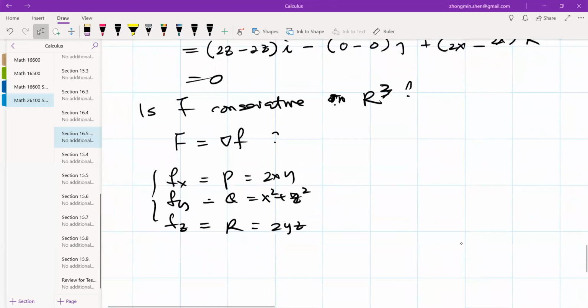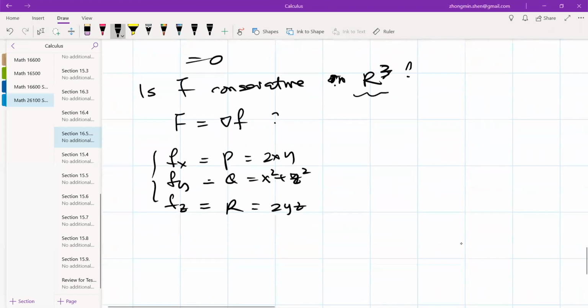After finishing this problem, we'll talk about the domain. Right now the vector field is defined on R3, so we don't worry about whether the regions are connected or simply connected. So let's find out f.